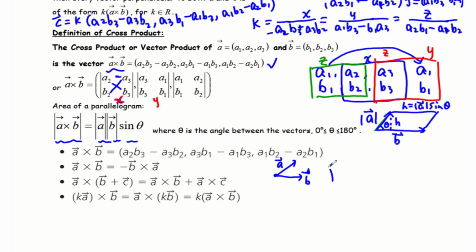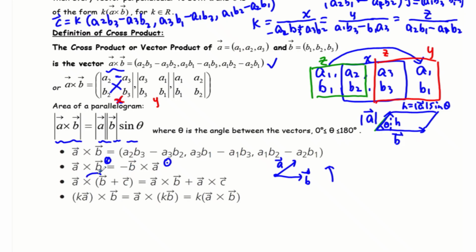If we go backward from B to A, wrapping our fingers from B to A, then our thumb will point out. So the direction will be opposite. One is inside, another one is outside. The direction is opposite, so it's a negative.